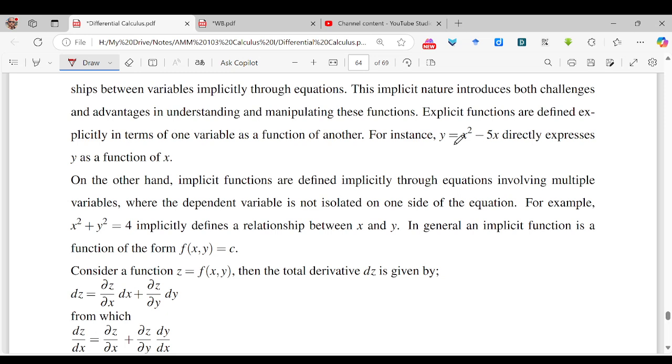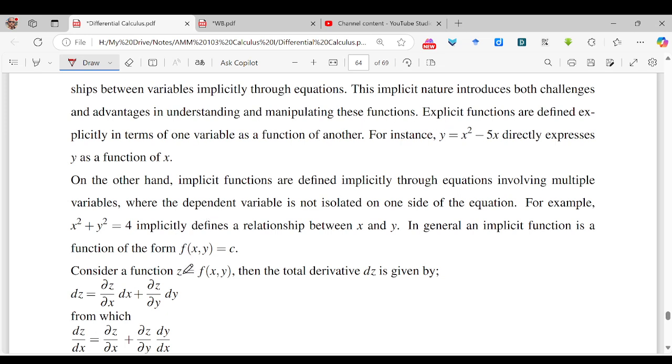This implicitly defines the relationship between x and y, but none of them is made the subject. In general, an implicit function is a function that takes the form f of x, y is equal to a constant.